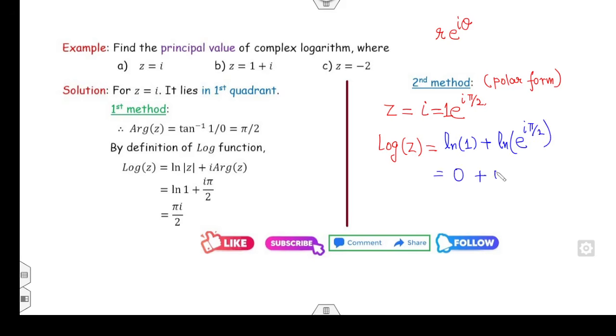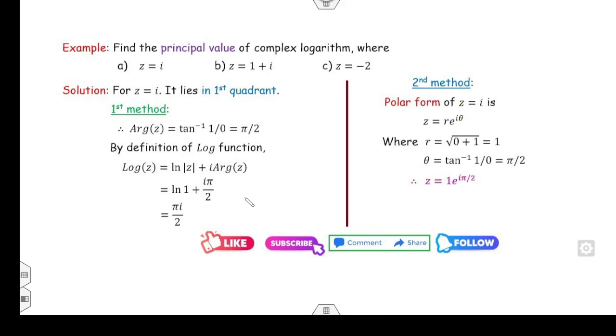Log 1 is 0 plus iota pi by 2, which is the same answer as we obtained by method 1. Fine. This is how we used to find it. What was the value of r? That is root of x square plus y square, and theta is the principal argument of z.